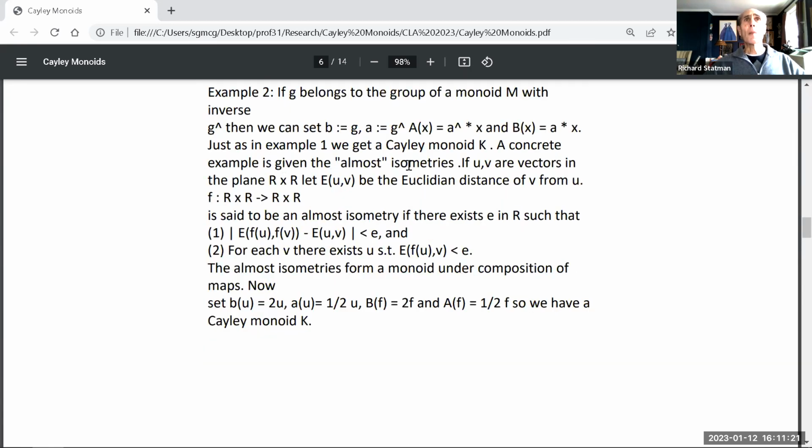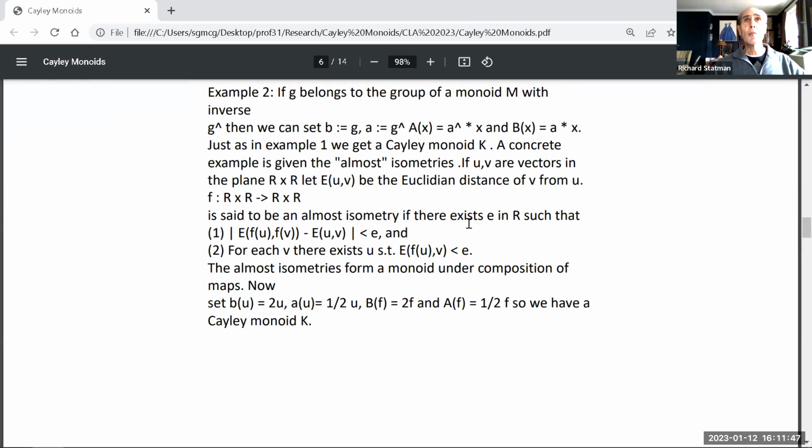Concrete example. We get a lot of interesting examples from maps from the reals into the reals. Here's a nice big monoid with a nice big group. Take the almost isometries. So take vectors in the plane, E is Euclidean distance from V to U, and we say F is an almost isometry if it's almost an isometry.